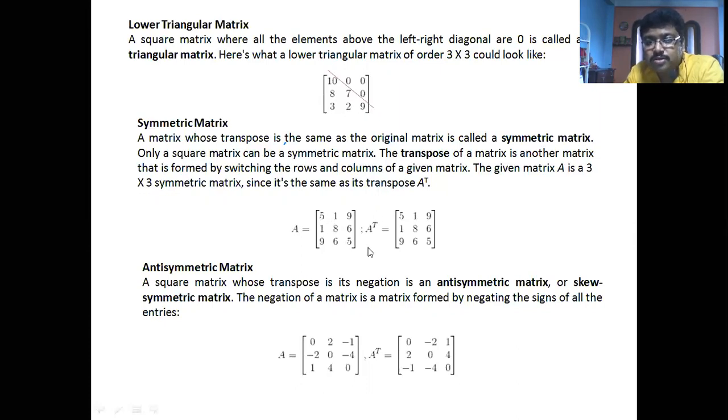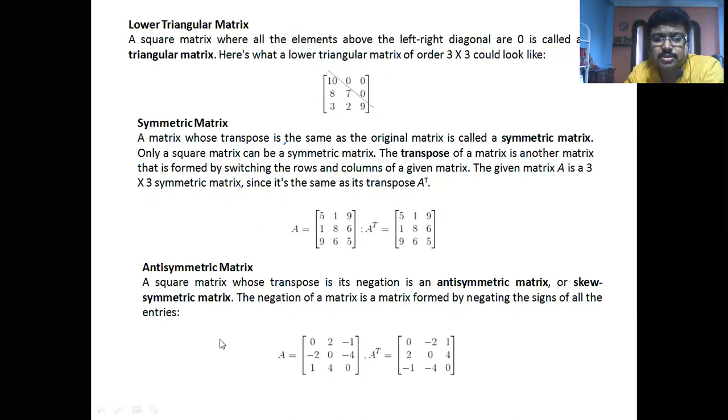When we make the transpose of a matrix and find the same matrix, then it is a symmetric matrix. In a single line, if A is a matrix and it is equal to its transpose, then it is called a symmetric matrix.